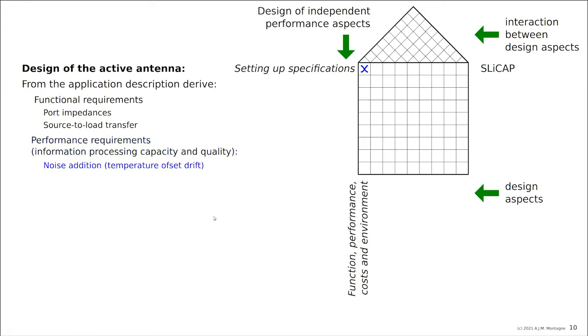I just put up a few things here. Noise: everything we don't want, we call noise. That is the general way of defining noise. So it's not only thermal noise, but also, for example, offset drift can be regarded as noise.